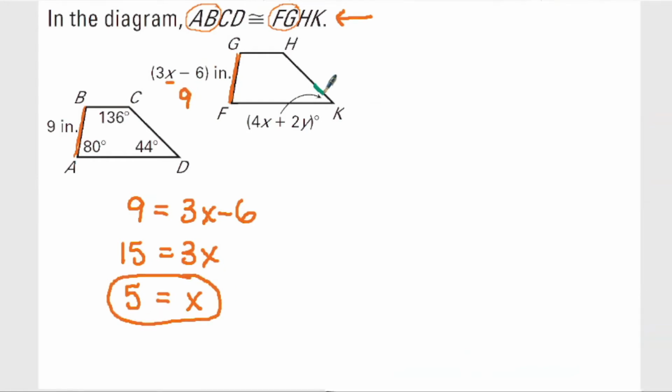The next one I'm trying to solve is angle K right here. And if I wasn't sure which angle K matched up with, in this picture it's probably pretty obvious, but I could always go to that congruence statement. You see how K comes last? Well, D comes last in the other shape, so I would know that angle K has to match up with angle D. Good news, I already know that x equals 5, so that'll make this problem a little bit easier.